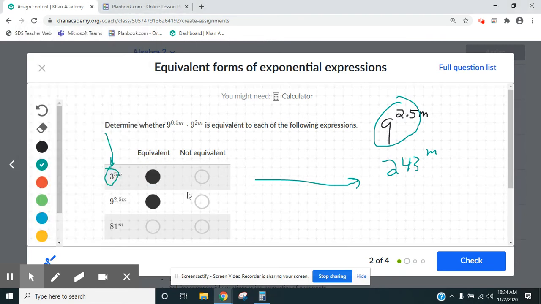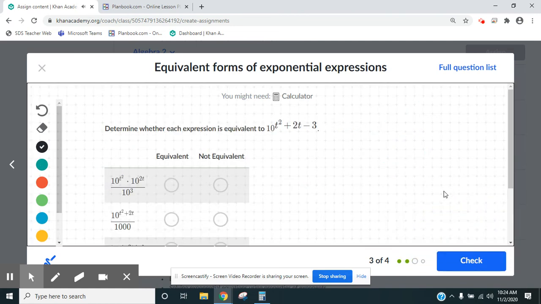So that one's also equivalent, right? This is the same thing as 243 to the m, and that's what we said that this is, right? But if that's correct, then the last one cannot be, because it says 81 to the m. Okay? Let's do another one. It's kind of fast. All this uploaded here in a second, so if you want to look back at them, you can. Woo!